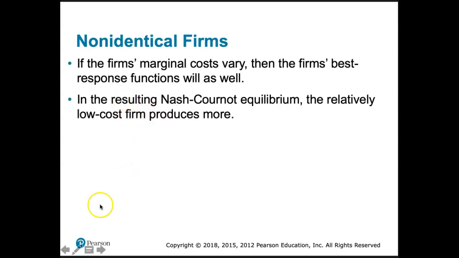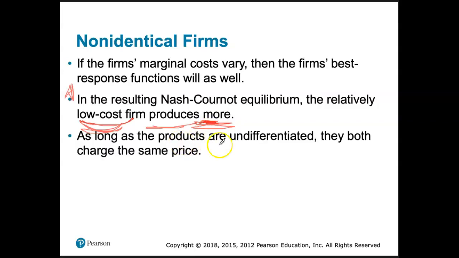In the Nash-Cournot equilibrium, and this is something you should take note of very well, the relatively low cost firm, in terms of marginal cost, will tend to produce more. Also, as long as the products are undifferentiated, they'll both charge the same price, but the relatively low cost firm will tend to produce more.